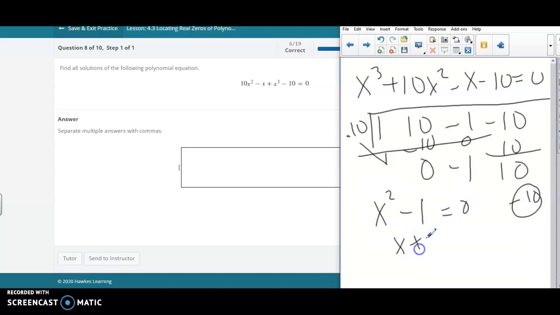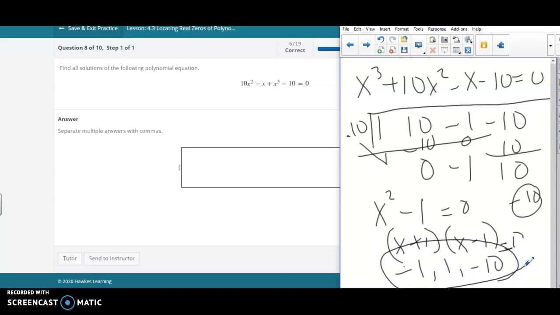So I'm going to have x plus 1, x minus 1 equals 0 as my other answers. So therefore, my three answers are -1, +1, and -10. So there's only three answers there for that one because you had to start with a quadratic, and you only need to get one answer using synthetic division. Then you're down to second power, and you can do quadratic.